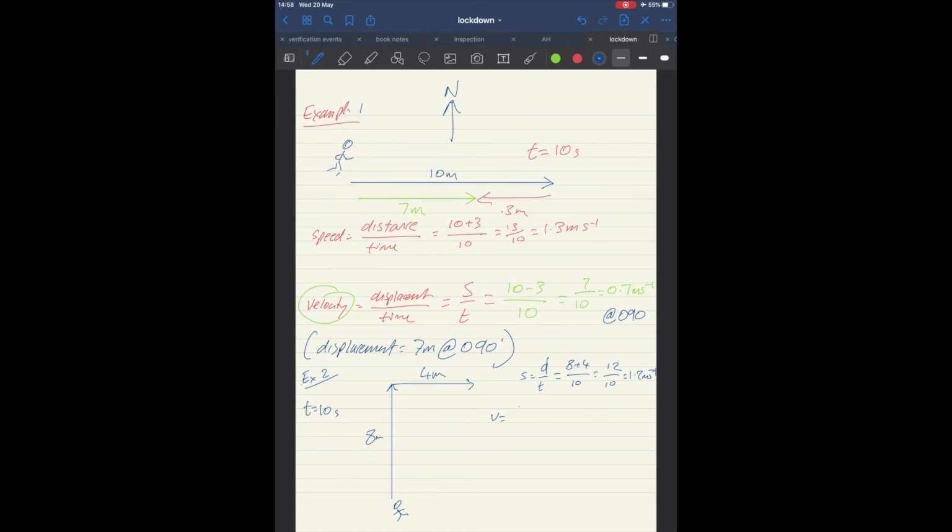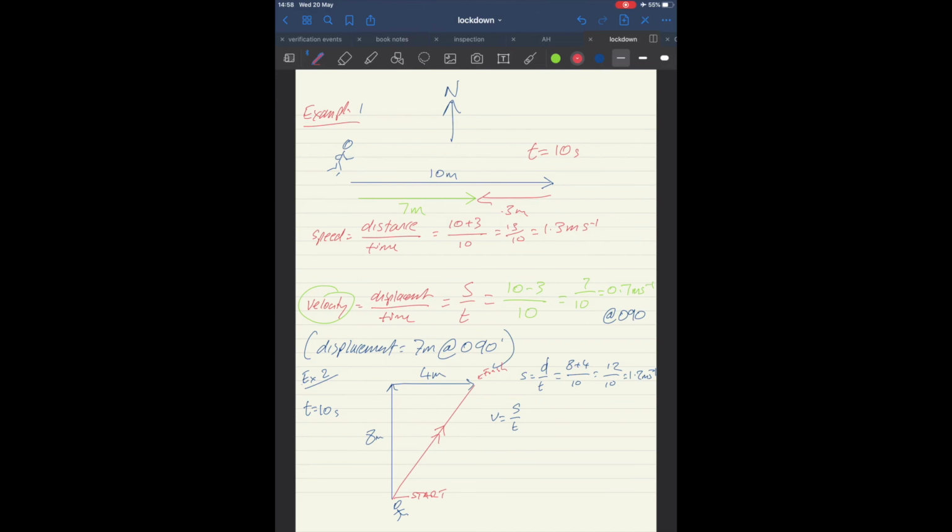Velocity equals S over T. Now, the displacement is not that obvious because I've got to calculate it. I do that by using my resultant diagram. If you remember from 4th year, you always go from start to the finish. So what's the size of that?